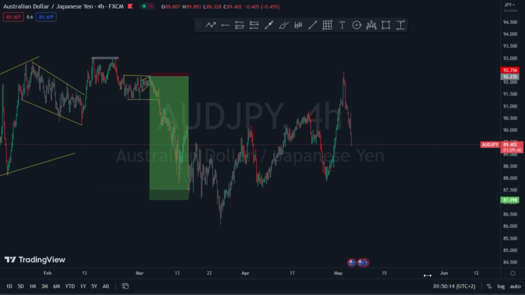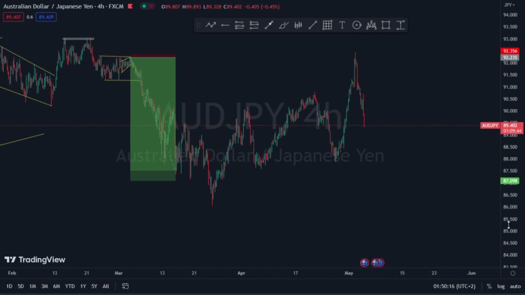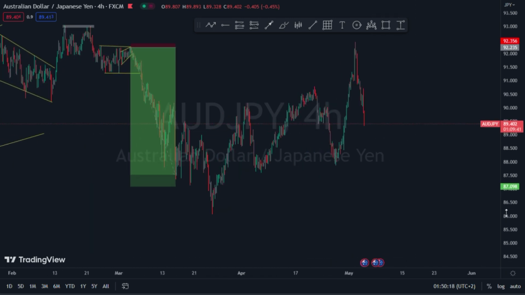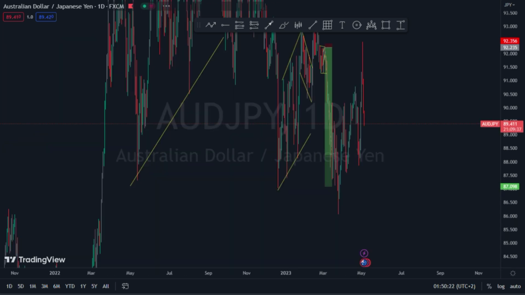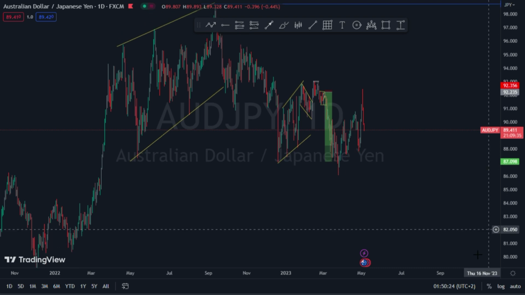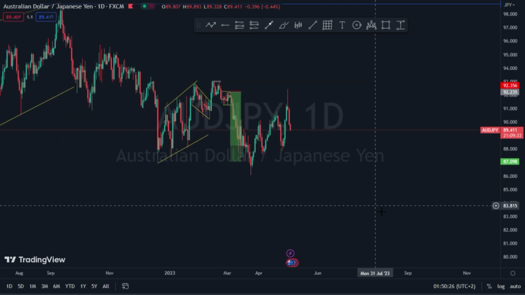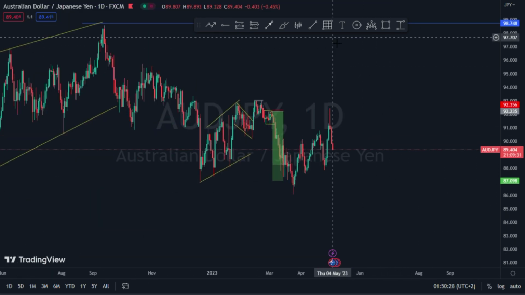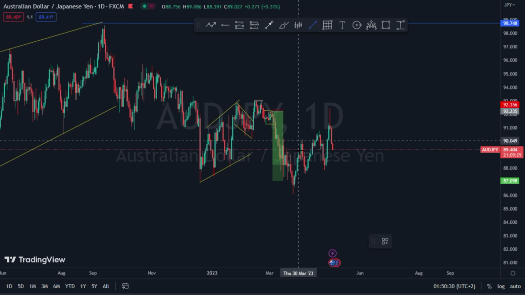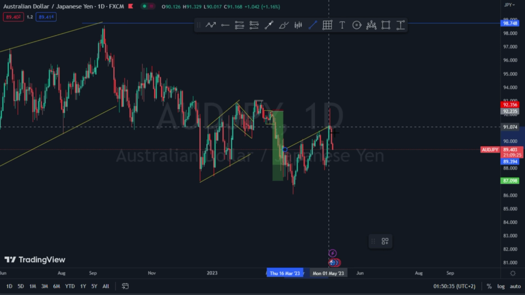So we are just going to go back onto the daily time frame just to analyze what is happening currently on this market structure right here, right? We can see that the market presented us with that 1 2 3 formation: the first touch, the second touch right there, and then our third touch right there, right?